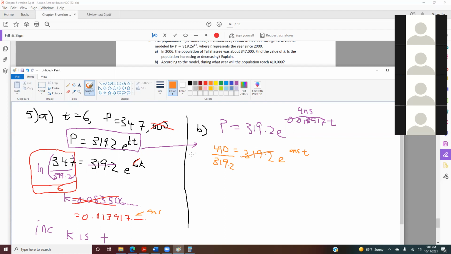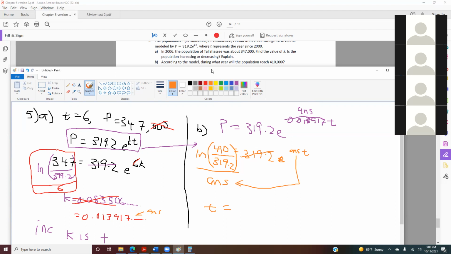And then the e you move over, it becomes ln. And don't forget, when you do ln, you open the parenthesis here and close the parenthesis there. Same thing with your calculator. And then you divide this with your answer, meaning this 0.013917, all these decimals. You get a t here.